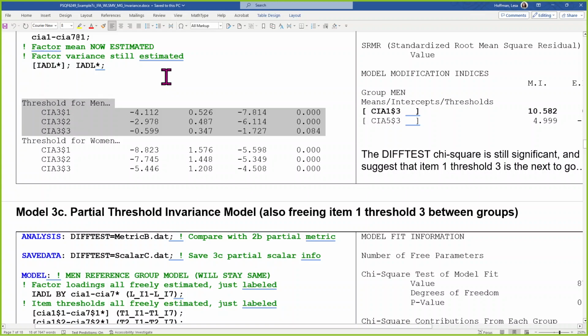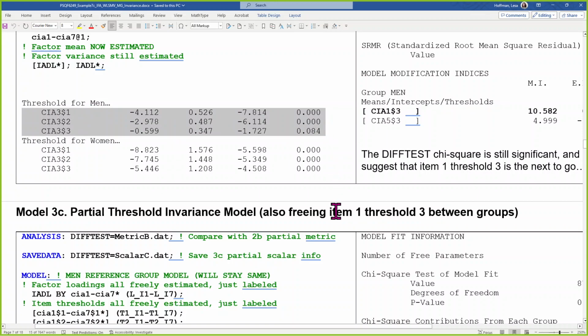What is the conclusion we would come to about item 3's thresholds in terms of how they differ across men and women? So item 3 is easier for men. Yeah, it looks like item 3 is easier for men.